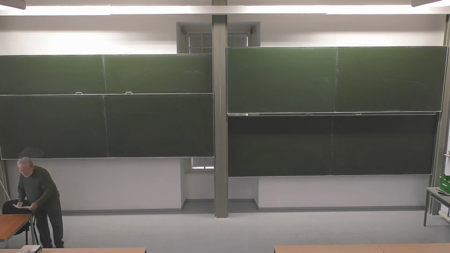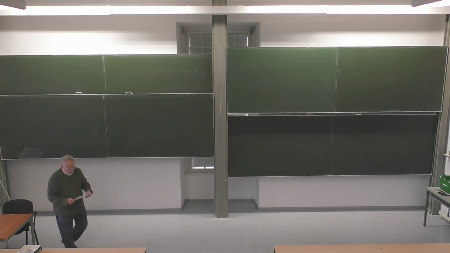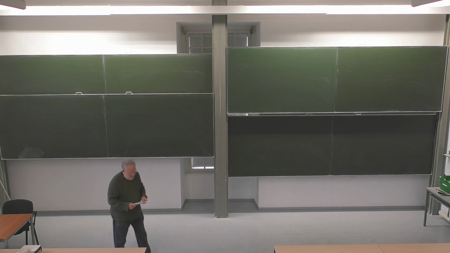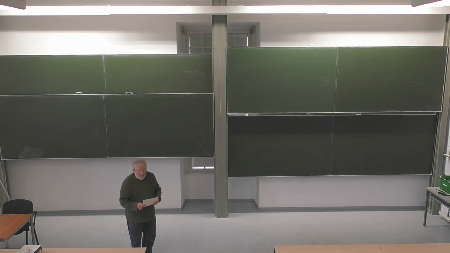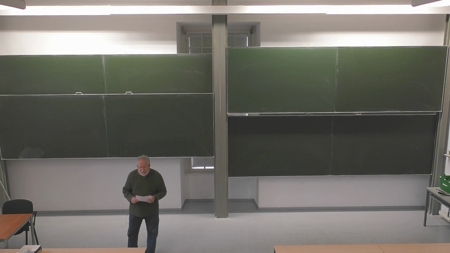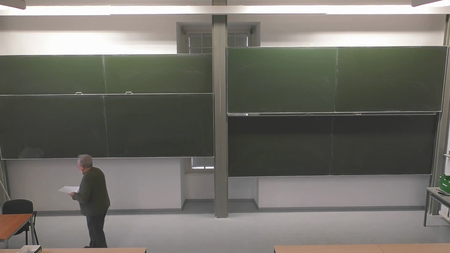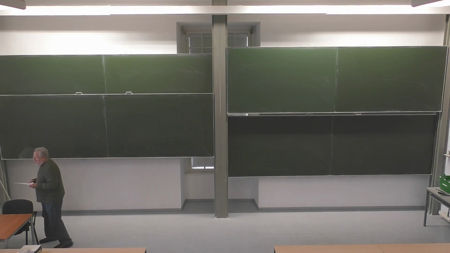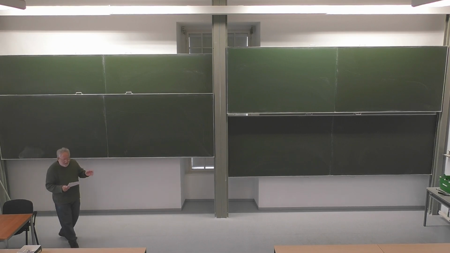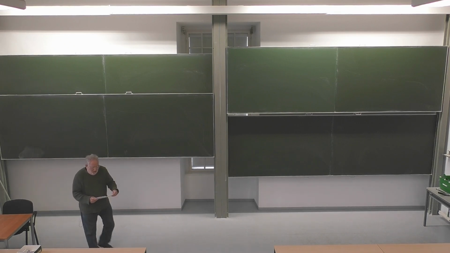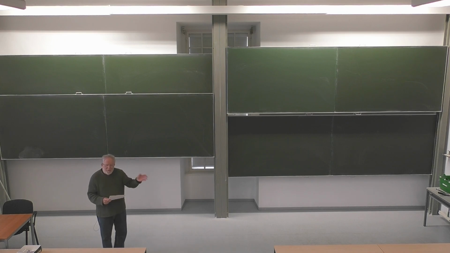Actually, the next two lectures I'll talk about methods for finding algebraic solutions of linear differential equations. And I'll say from the start, there will be two methods. One is due to a sequence of people.